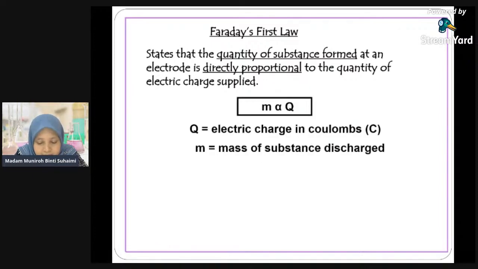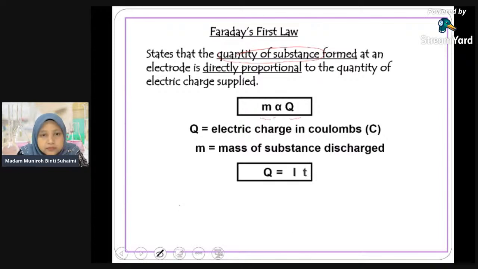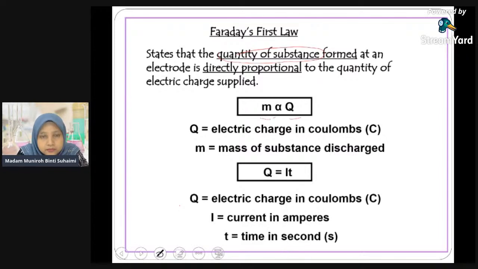So mass M is directly proportional to Q. Q is electric charge in coulomb and M is mass of substance discharged, and formula will become Q equals to IT.